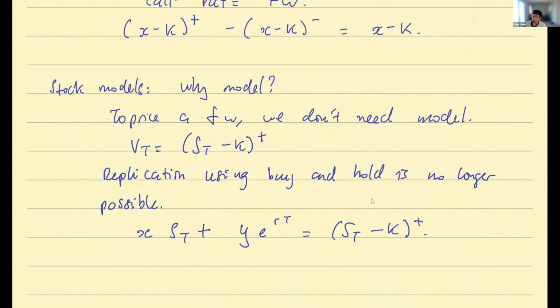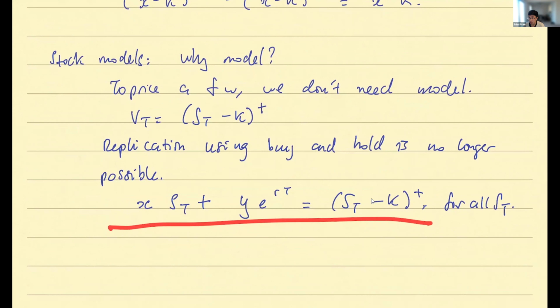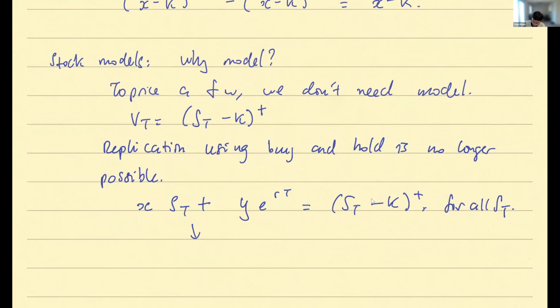Then you quickly realize, like I said before, the tricky thing is that this must be true for all stock prices in the future. In other words, this is a million equations waiting for you to fulfill. But you quickly see this is a linear function in terms of S.